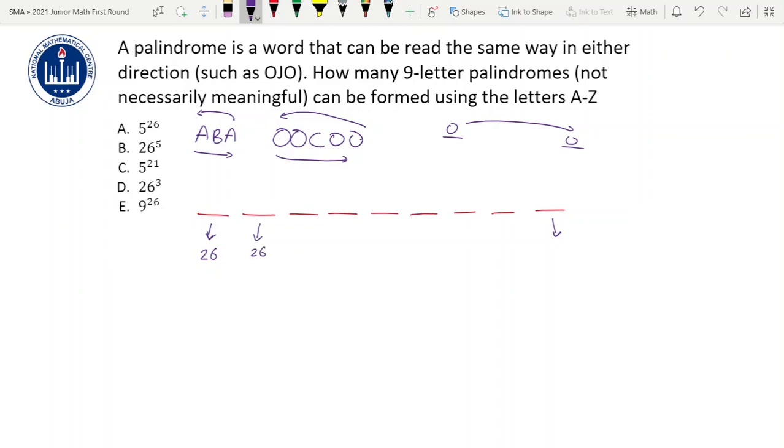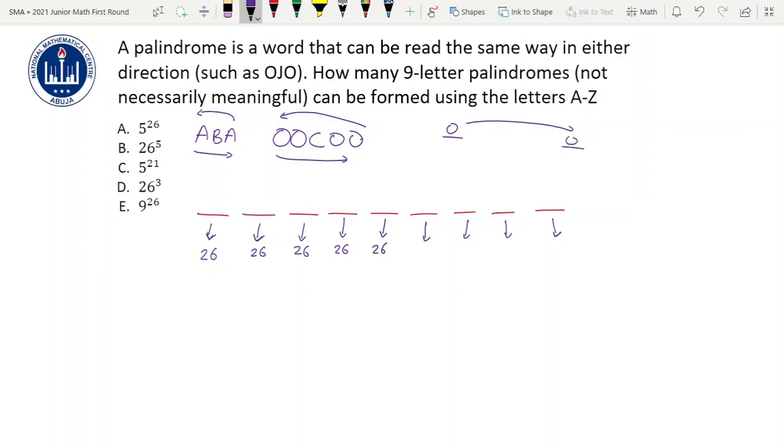And once we choose what this second letter will be, that letter will automatically also be the letter in the second to the last position, since the word is meant to read the same from left to right and from right to left. So we'll have 26 options for that second one. And then for this third one, we also have 26 options, since we can pick any letter, and this one here will automatically be fixed. And for this we have 26 options still, and the one here will be fixed, and for this letter we'll also have another 26 options.